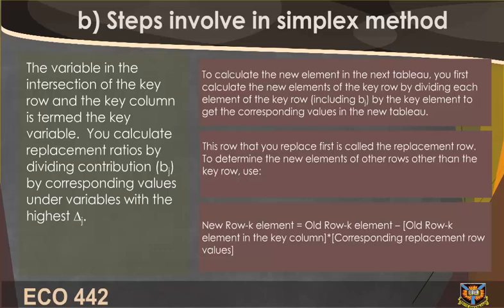To determine the new elements of rows other than the key row, use: new row element equals old row element minus (old row element in the key column times the corresponding replacement row value).